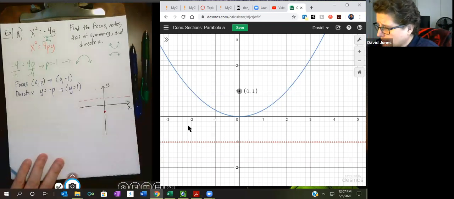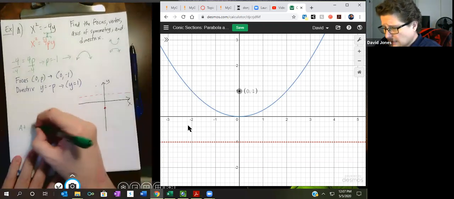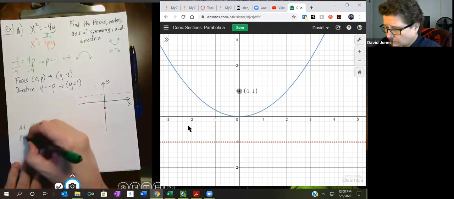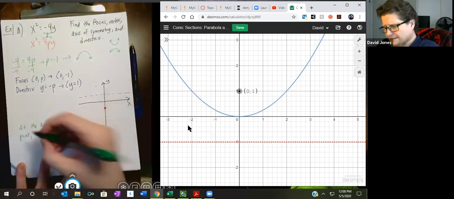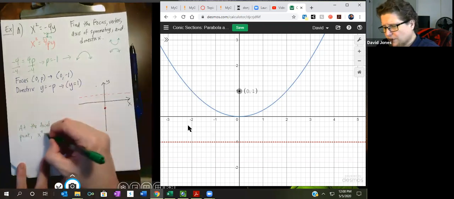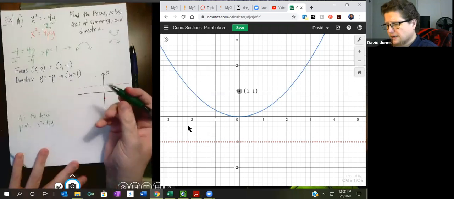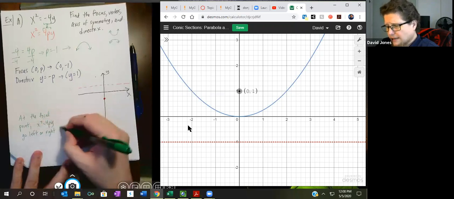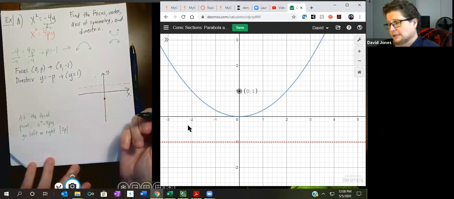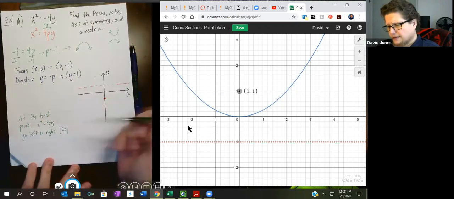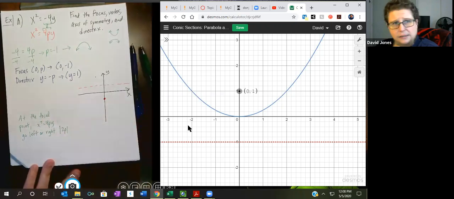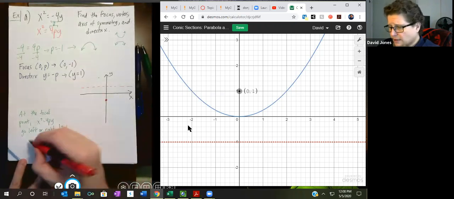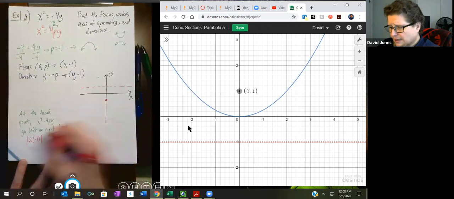At the focal point, if it's x squared equals 4py, go left or right the absolute value of 2p. So in this problem, p is negative 1. So 2 times negative 1, absolute value is 2.